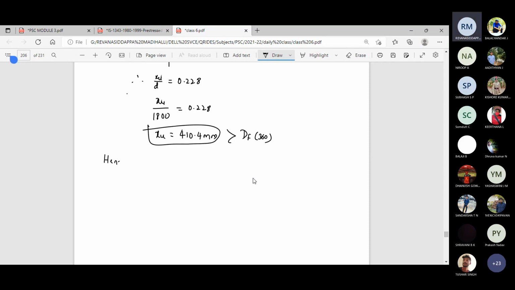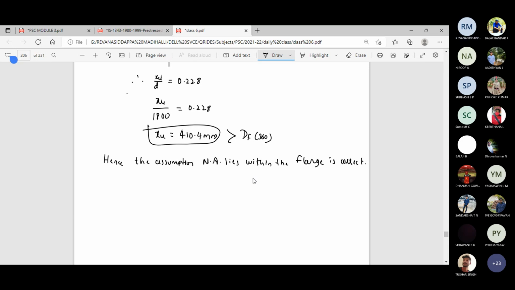Hence, the assumption that the neutral axis lies within the flange is correct.